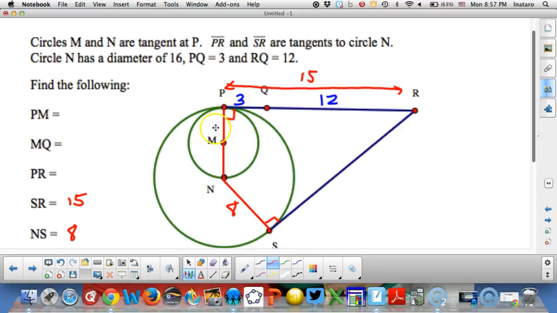And that would mean that this would be 4 and 4, since NP is also a radius of circle N. And I'm going to draw in this segment here from M to Q. Notice 3, 4, 5, Pythagorean triple. MQ is 5. PM is 4. And PR is 15.